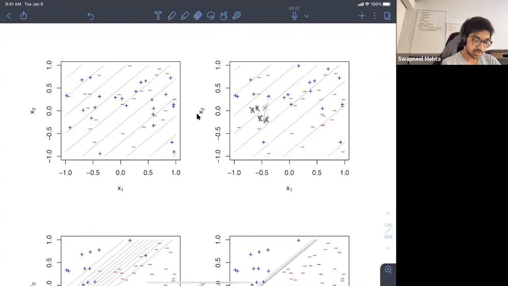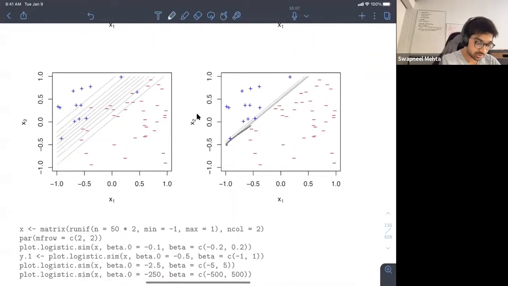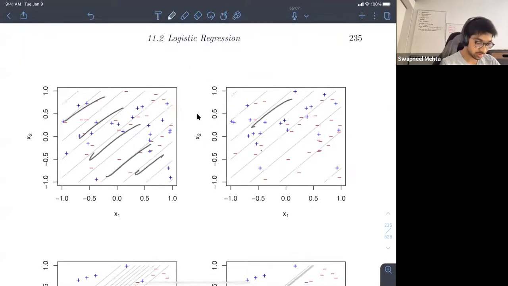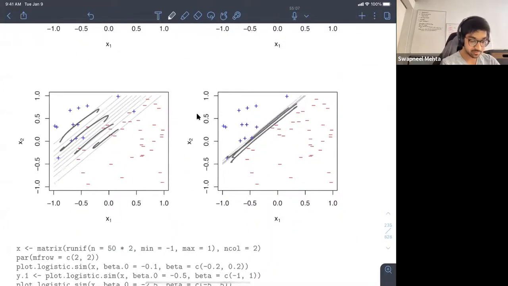And he's saying that as you increase the norm of your parameters, you get clearer decision boundaries. So the decision boundaries here are all over the place, here less all over the place, less all over the place, and the best ones.